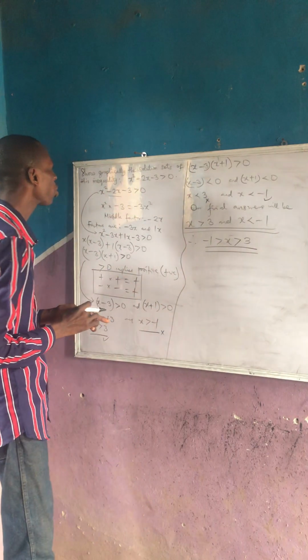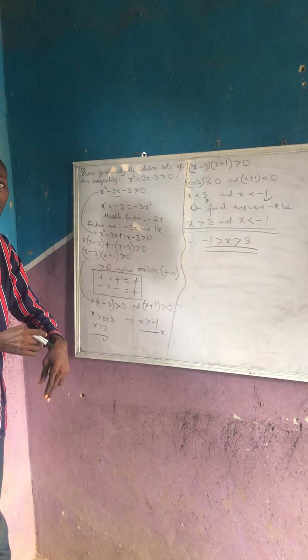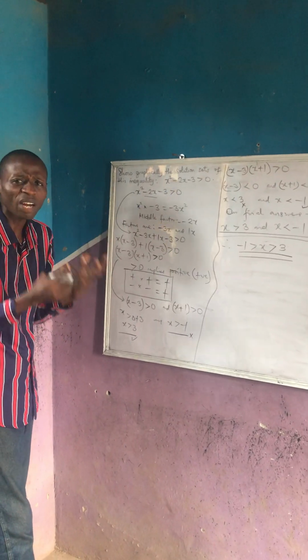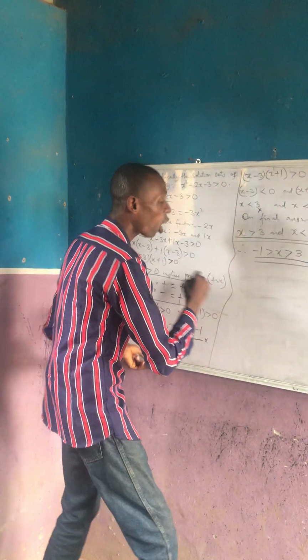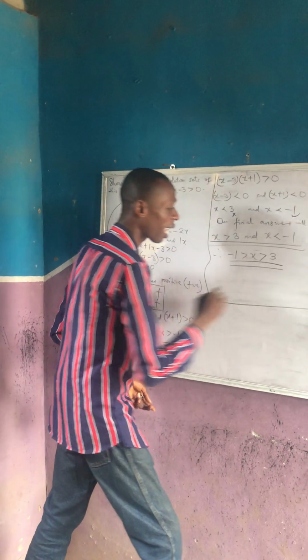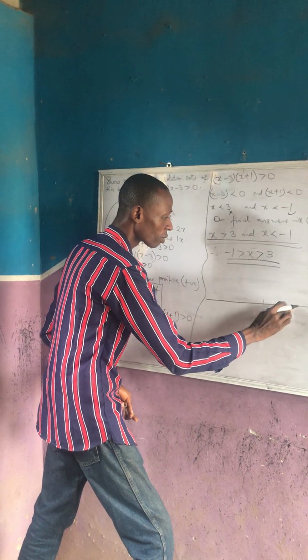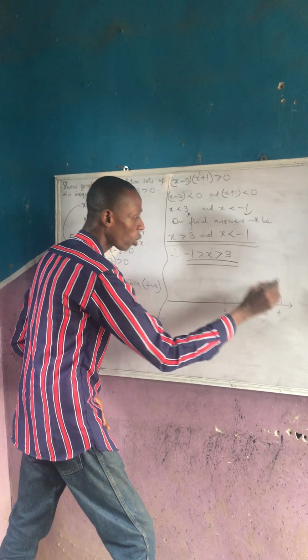And of course, don't forget our question says we should show graphically the solution set of this inequality. We have gotten the answers, we need to show it graphically. So all you need to do is draw your number line. We have 0 at the middle, 1, 2, 3, 4, and so on.